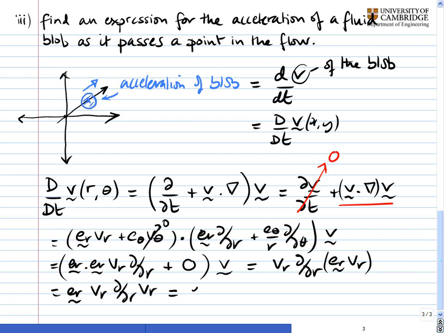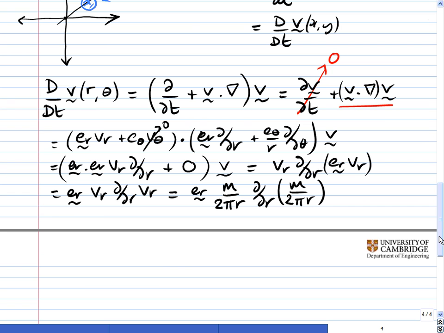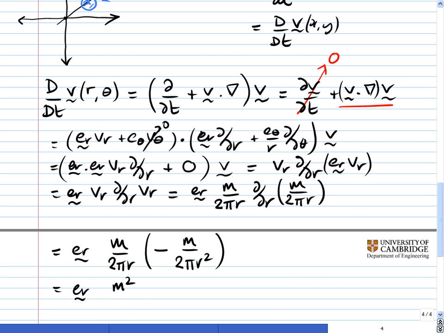Substitute in our expression for vr, we're going to get m over 2 pi r d by dr of m over 2 pi r, and scrolling down, that's equal to er m over 2 pi r times minus m over 2 pi r squared, which is all going to work out as er m squared over 4 pi squared r cubed, with a minus sign at the front.